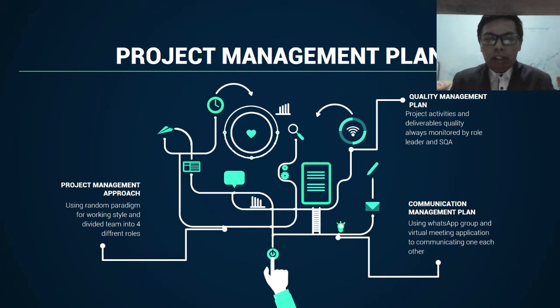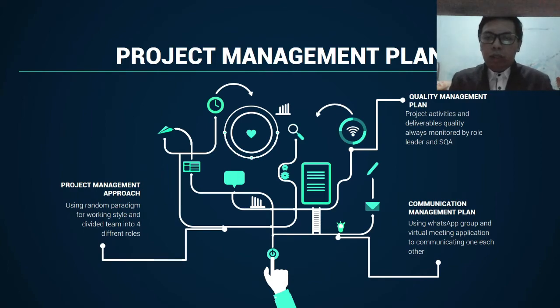So we have a log of activity for the week, and then we have a weekly plan for next week. And then from that log activity and weekly plan, we can monitor whether our project team is already doing their job or not.